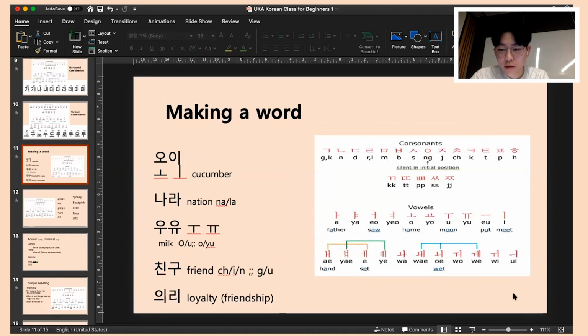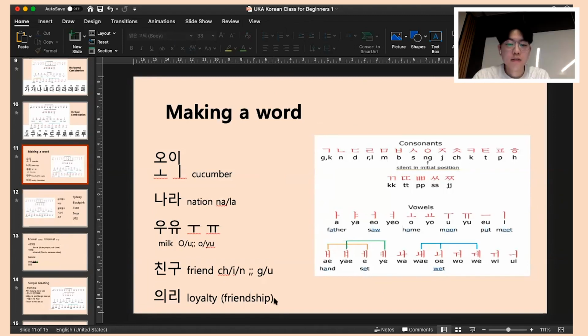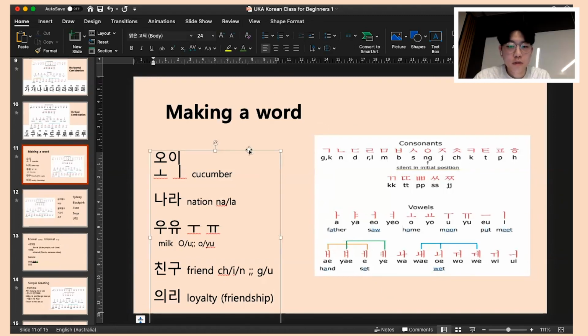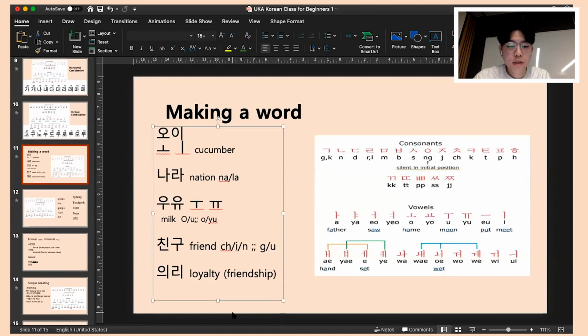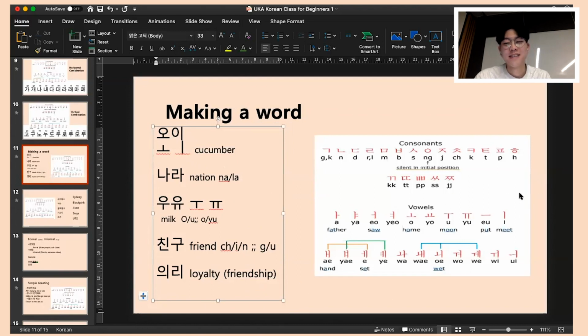Any questions? How do you pronounce the last one? The last one, okay. I'll put it up a bit. Uiri. Uiri, that's hard. That's a hard one. Okay. Ui, as I said before, the R sound, think of it as a silent sound.